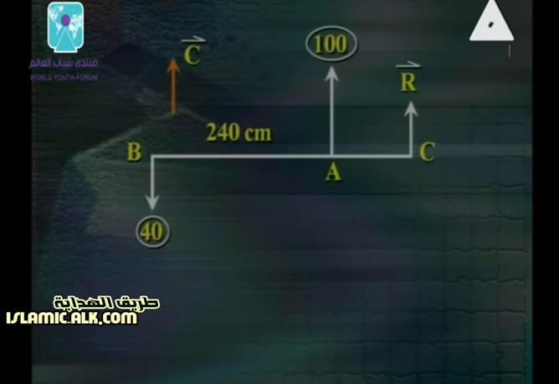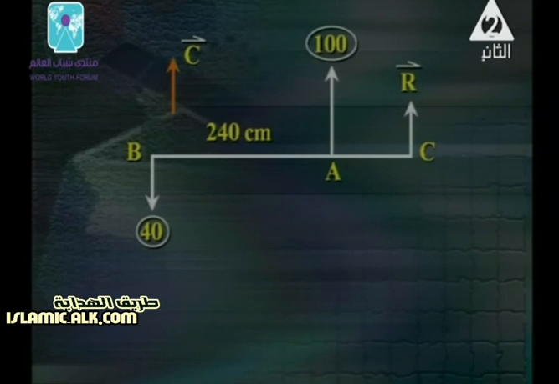R in this case is in the same direction as the greater force, 100. Look, R acts at point C, externally to AB. Then C divides BA externally in the ratio CA to CB.